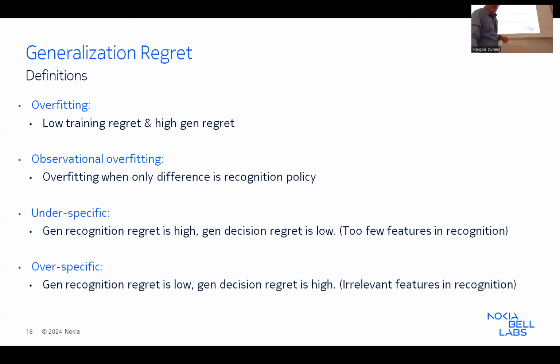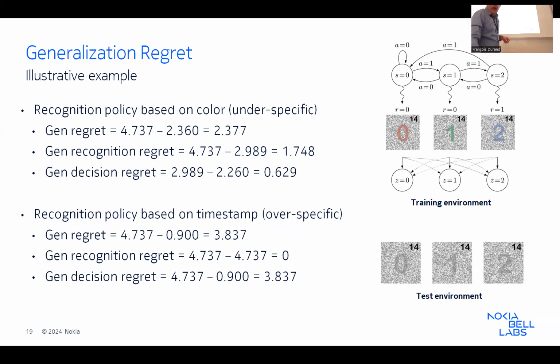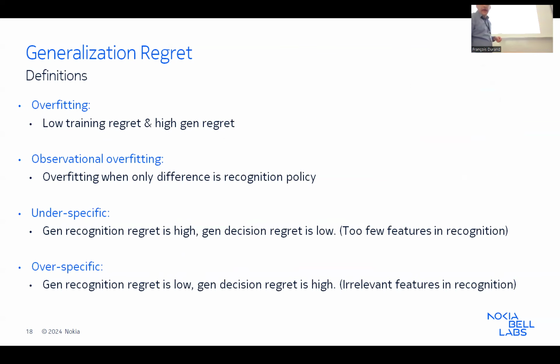And once we have these definitions in place, we can formally define some notions that are reasonably intuitive. So first of all, what does it mean to overfit in this type of problem? Well, what it essentially means is when you've got low training regret but high generalization regret.